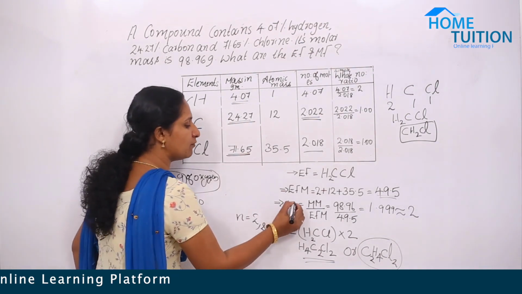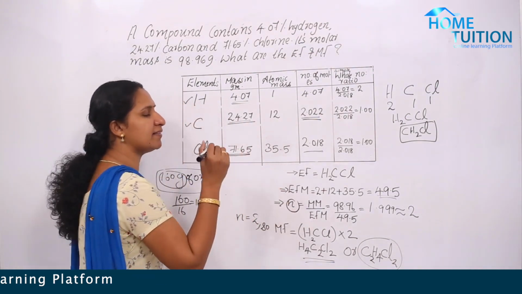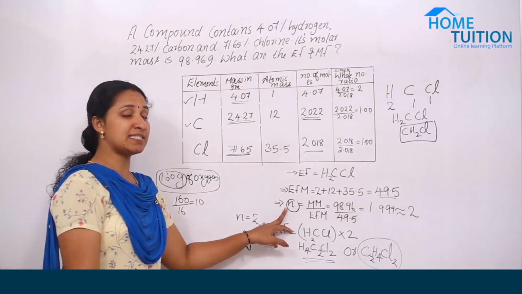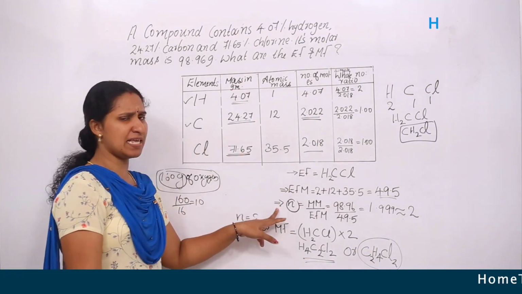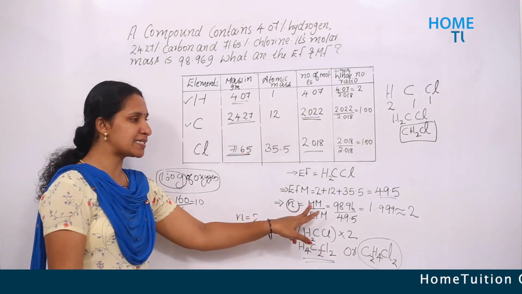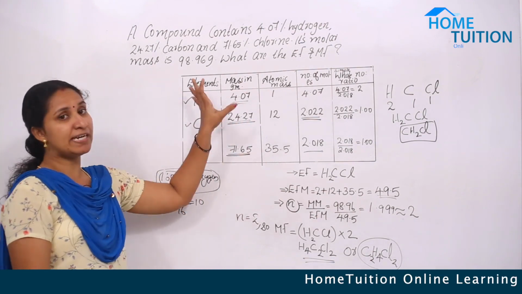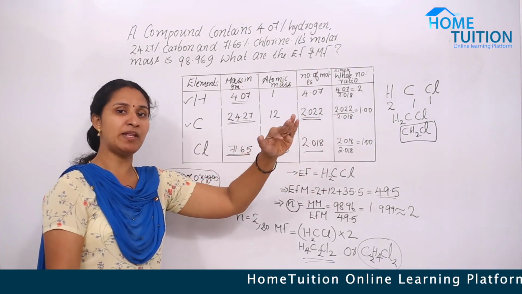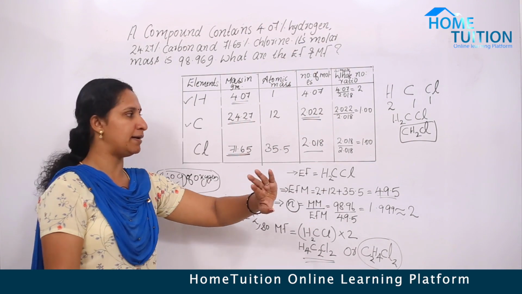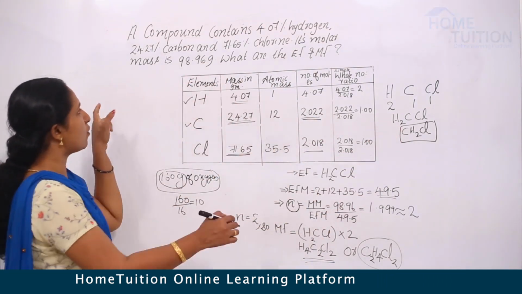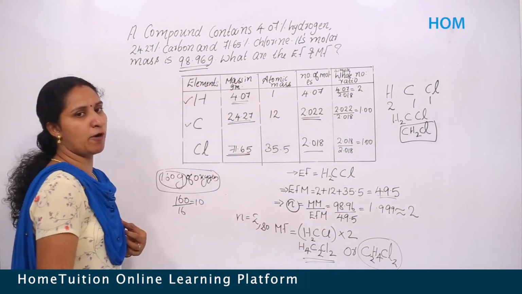Next, we want to find the ratio between the molecular mass and empirical formula mass, and we put it as N. N is equal to molecular mass divided by empirical formula mass. The empirical formula that we derived, and the mass of that empirical formula is the empirical formula mass, the mass of CH2Cl. And the molecular mass is what is given in the question, 98.96.